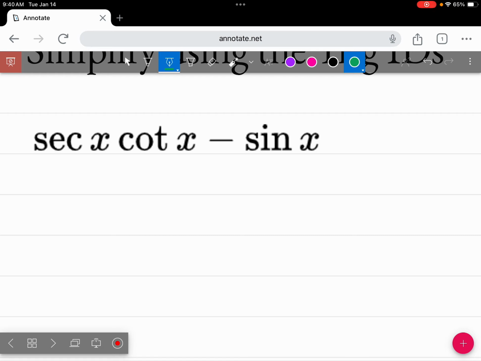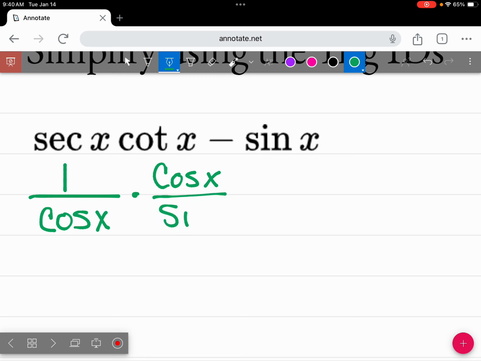So our secant of x, secant is the same thing as 1 over cosine. Cotangent, remember that's our reciprocal of tangent, so it's not sine over x, it's cosine over sine. And then we're subtracting our sine of x.